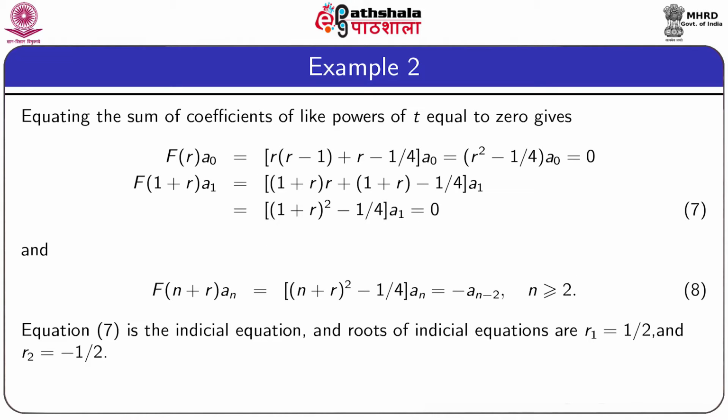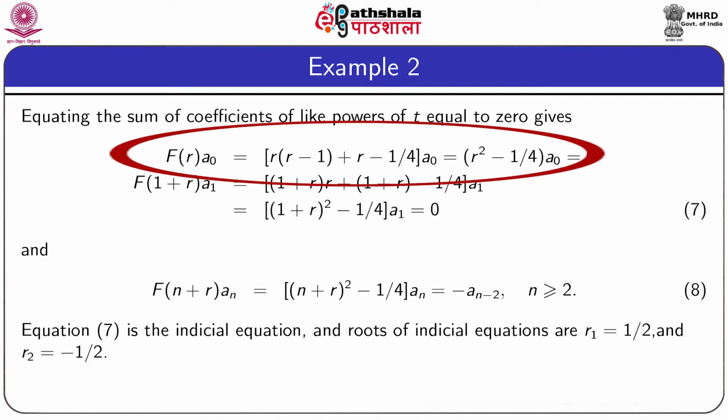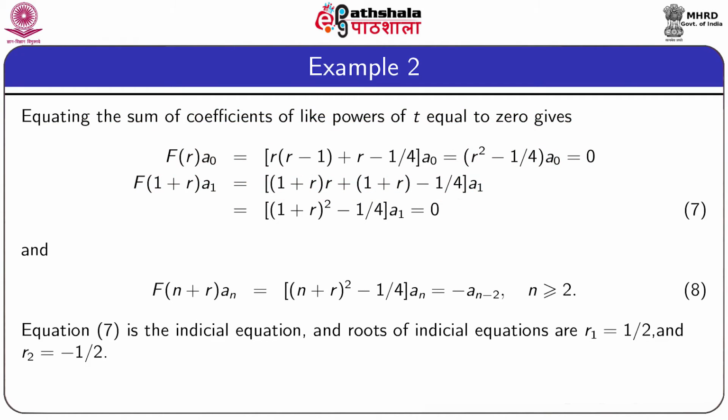We now equate the sum of coefficients of like powers of t to 0, and this gives f(r) a 0, which is equal to [r into (r minus 1) plus r minus 1 by 4] into a 0, which is equal to (r square minus 1 by 4) into a 0 equal to 0.